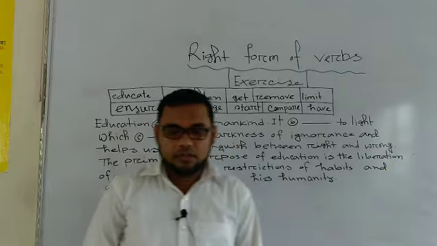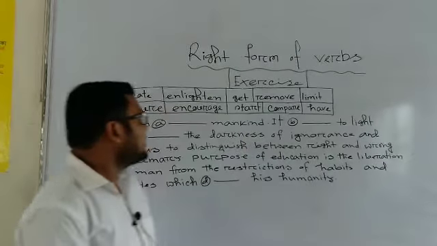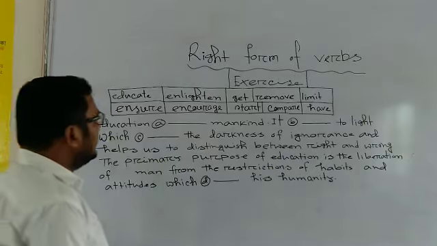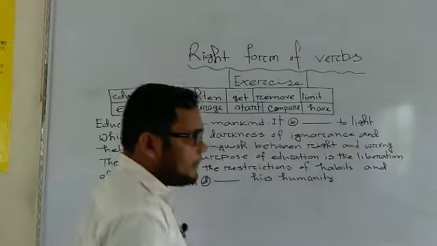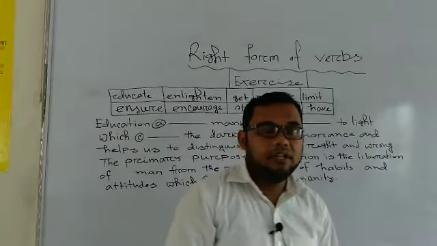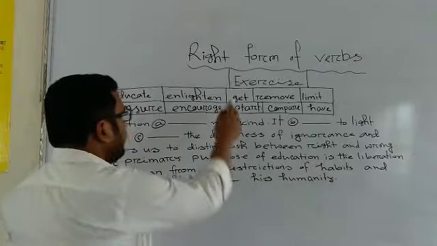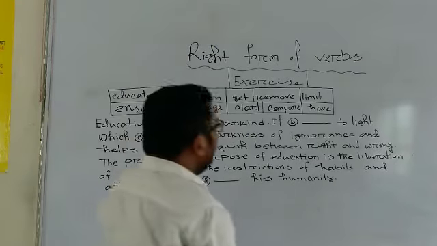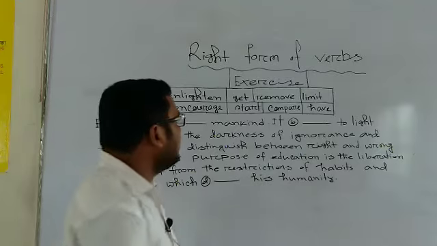What is the meaning of the word enlighten? Make lighten. And encourage. What is the meaning of the word encourage? To inspire. Get, the meaning of the word is obtain or acquire.